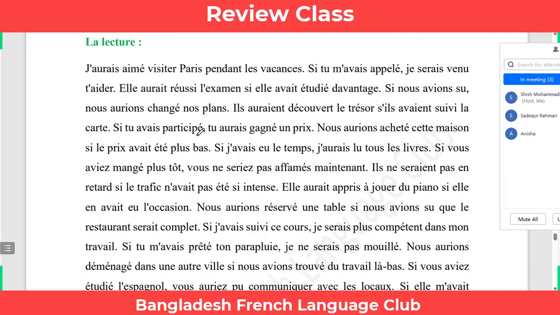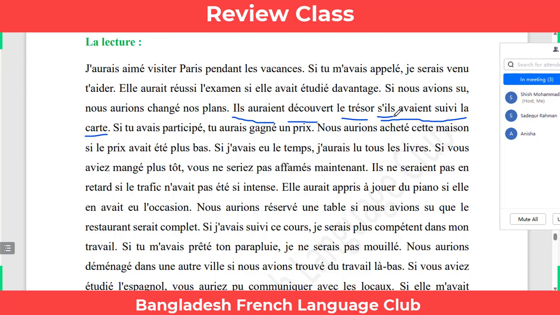Okay, some examples. Ils auraient découvert le trésor s'ils avaient suivi la carte. So we can change the position of these two sentences.